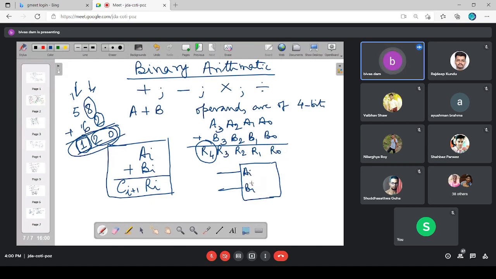And how many outputs are there? Two. What are they? Ri and Ci plus 1. So the circuit which can perform this Ai plus Bi and result in Ci plus 1 and Ri is basically a two-input, two-output circuit. The inputs are Ai and Bi, and the outputs are Ri and Ci plus 1.